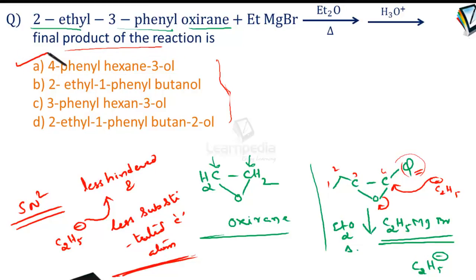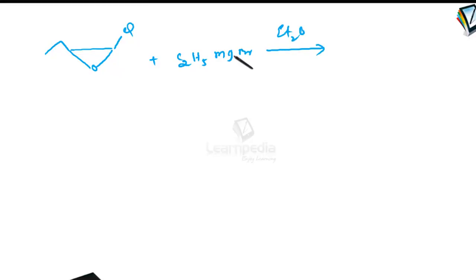So let us check now the complete reaction. As we could see, the starting material is a substituted oxirane. So therefore this is ethylene oxide, and here is the ethyl group that is attached, and here is the phenyl group that is attached. And now when we are treating with the Grignard's reagent ethyl magnesium bromide in solvent ether, then this ethyl group, as we could see, will migrate, and then the ring is opened.